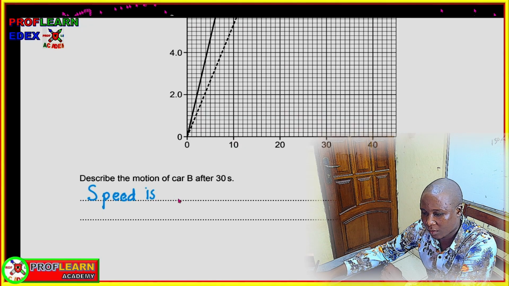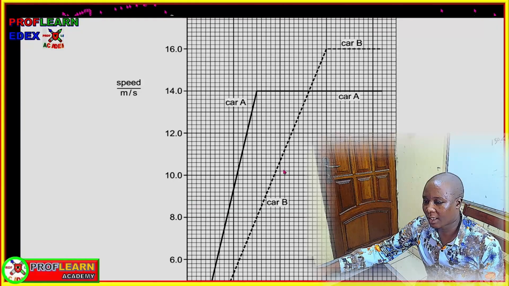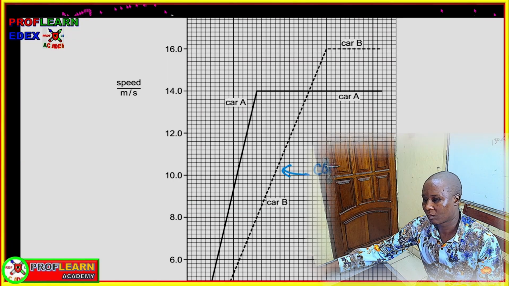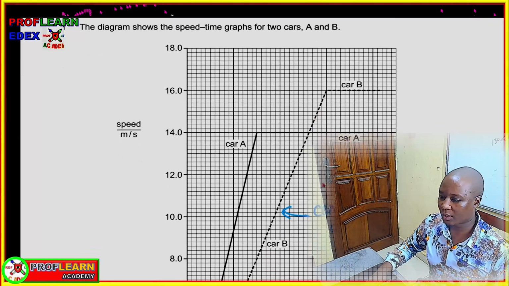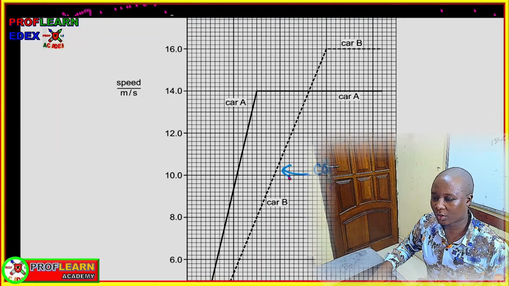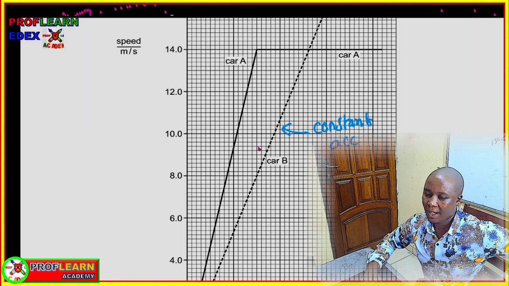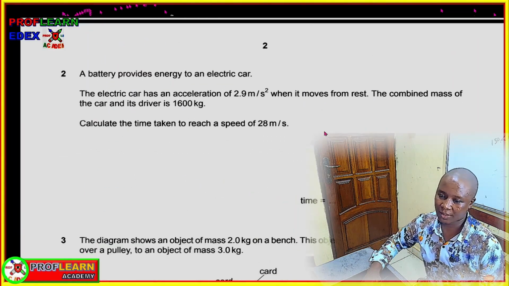Speed is constant. Here has constant acceleration. Just because it's a straight line means constant acceleration, but if the line is steeper, it means it has higher acceleration. So you need to understand that.